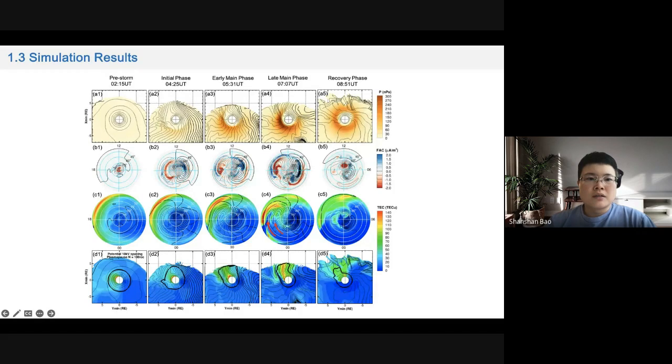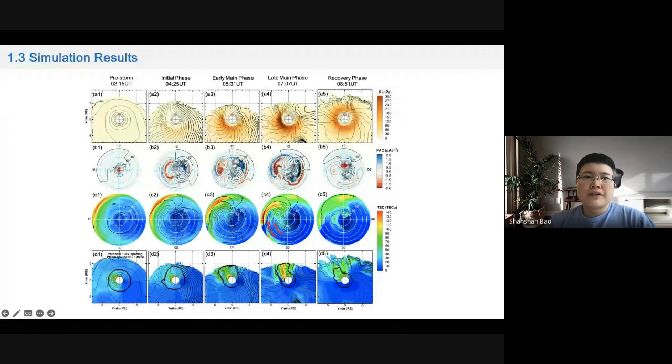There's nothing much in the ionosphere or the field line current. Here in TEC, you can see some enhancement, a higher TEC at the noon to dusk sector. And this is the equatorial mapping. You can see the plasmasphere in pre-storm is still in a circular shape.